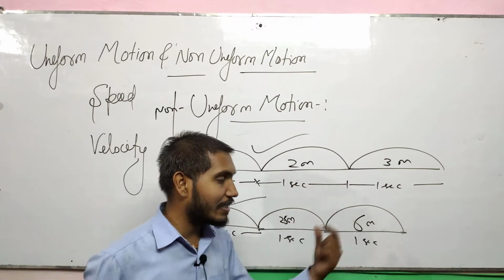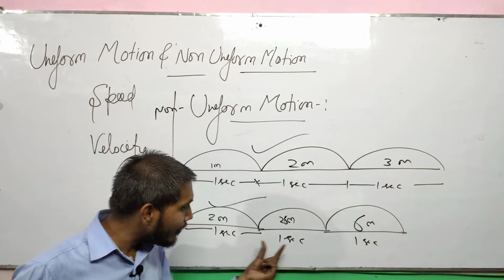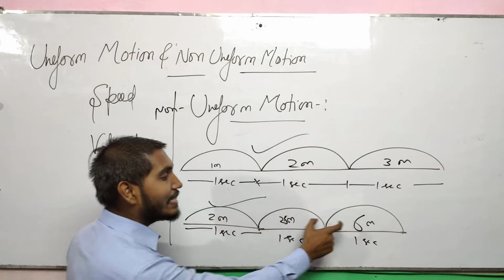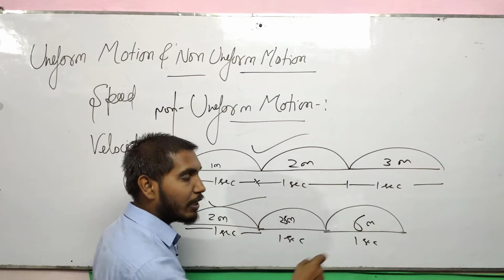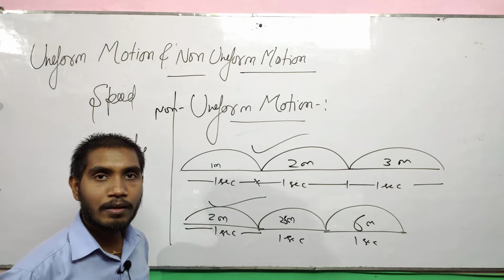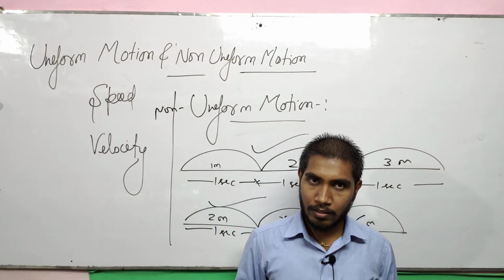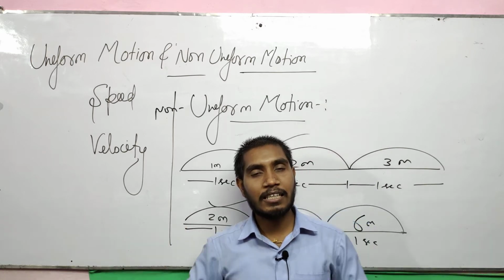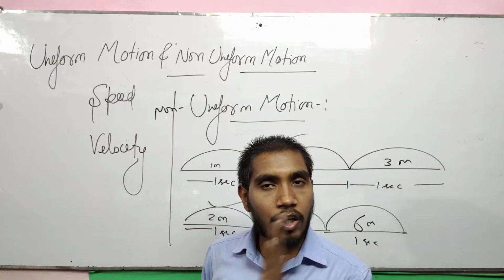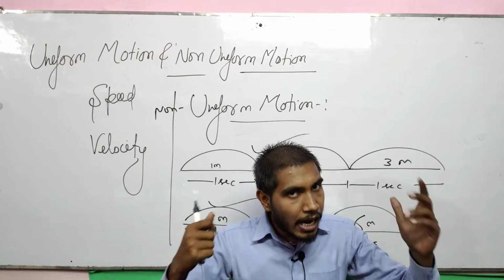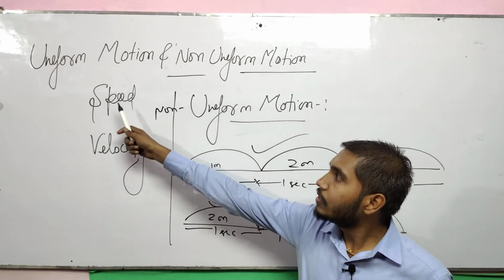These are different distances, but the time interval is the same. So when any object travels unequal distance in equal interval of time, however small the time interval may be, the motion of the object is called non-uniform motion. Understood? Good. Now we will see speed.